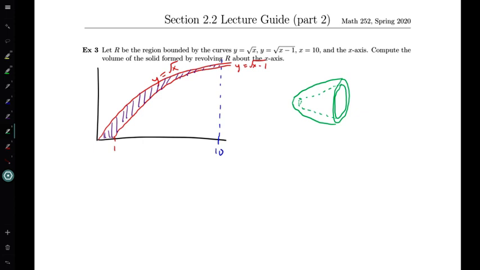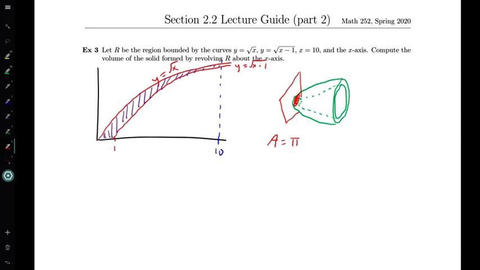So with this solid, we want to recognize that for the x values between 0 and 1, a cross-section is going to look like a circle. So one of these cross-sections that we're forming is going to be a solid circle. And its area, as usual, is going to be given by pi times its radius squared.